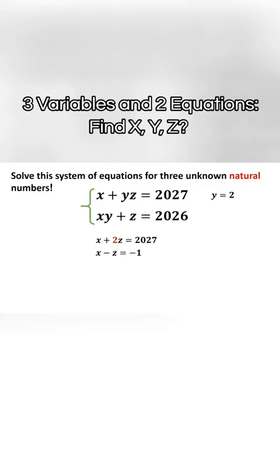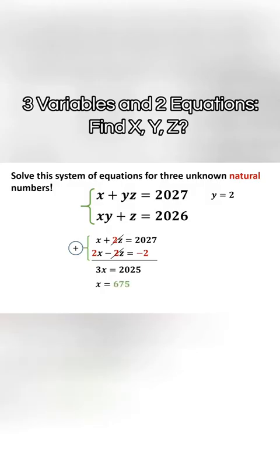To finish the job, we just multiply the bottom equation by 2 to line up the z terms. Adding them together completely eliminates z, leaving us with a simple expression. 3x equals 2025. With some quick mental math, x comes out to 675.